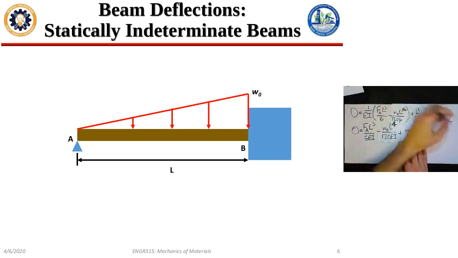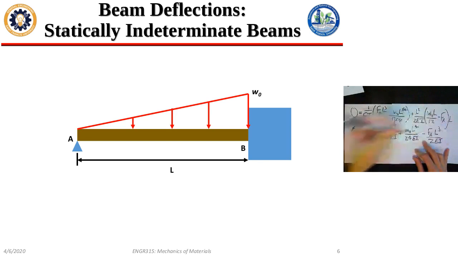L cubed, L to the 4th. All right. Now this is a pretty straightforward problem. We just got to group like terms and solve the puppy out, right?